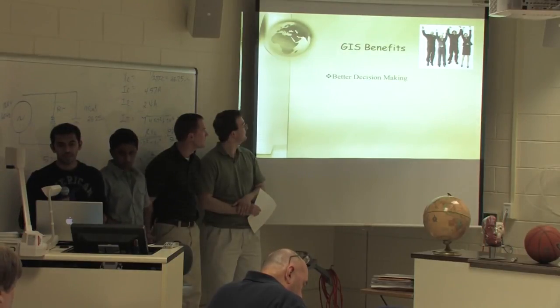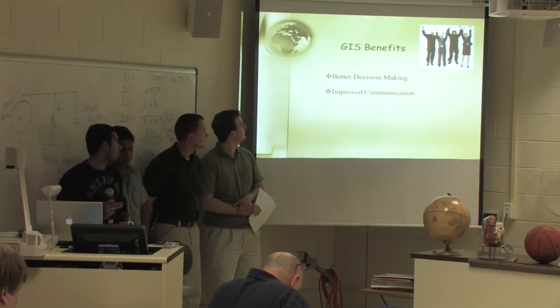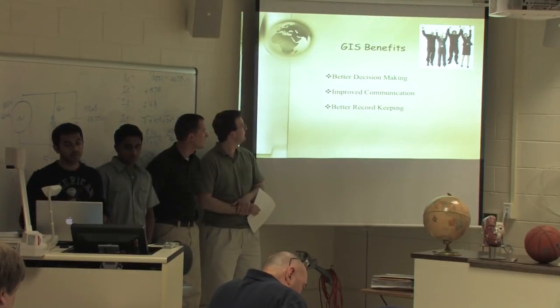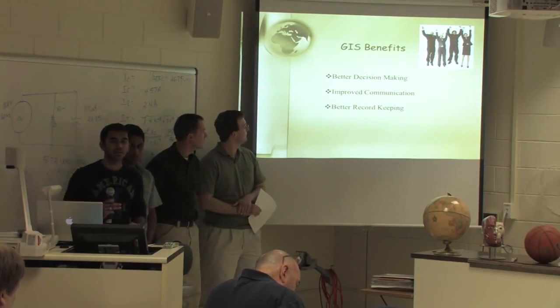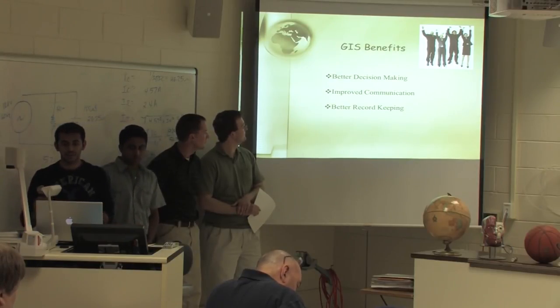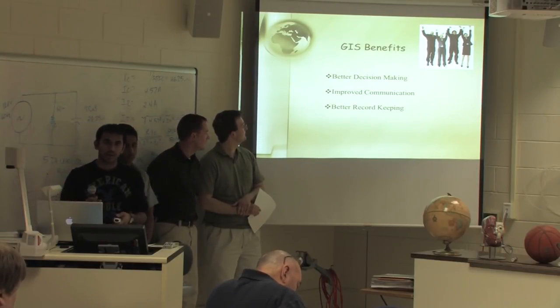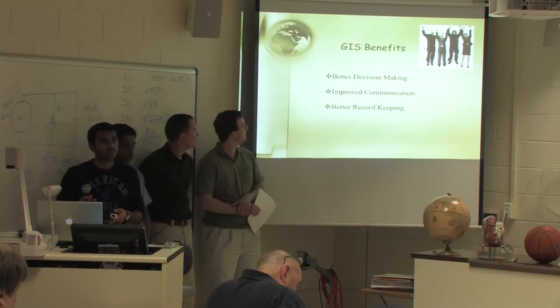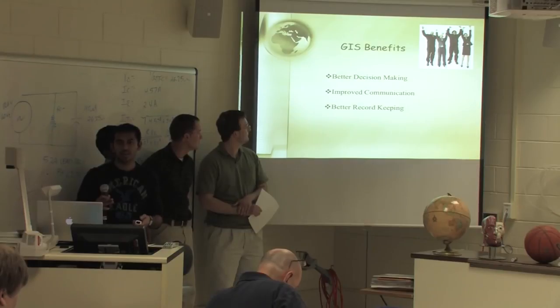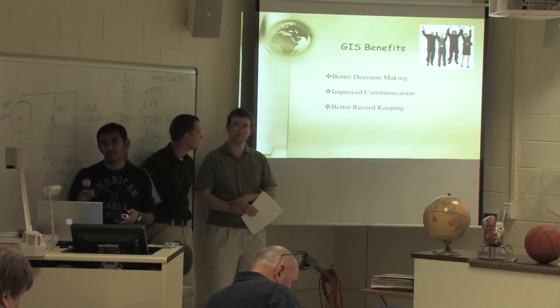The benefits of GIS, particularly for an organization, include better decision making. Here you can consider an example of real estate site location, and you can also talk about emergencies during disasters. GIS helps you to calculate the emergency response time.